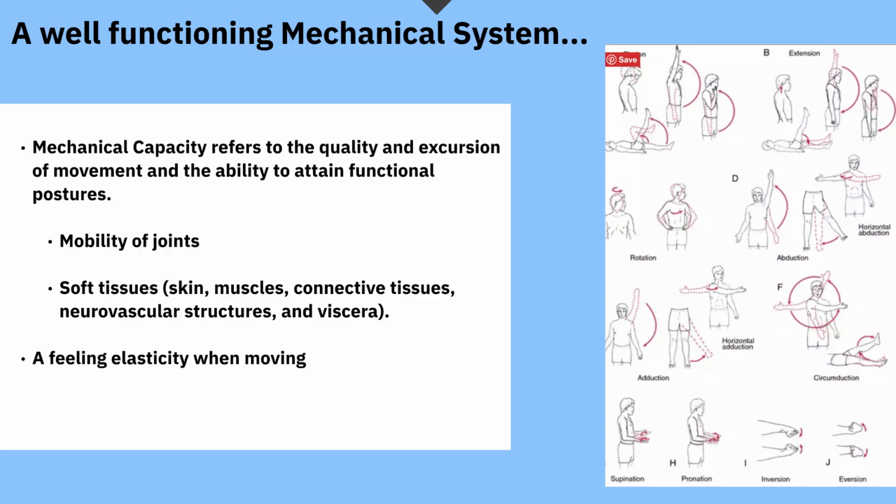So when we move, efficient movement should feel elastic and light, free and unrestricted. When those movements are compromised because of tightness or tension and the lack of range of motion, that's when we can start to invite in some of these mechanical issues that we are going to talk about a little further within our course of care.